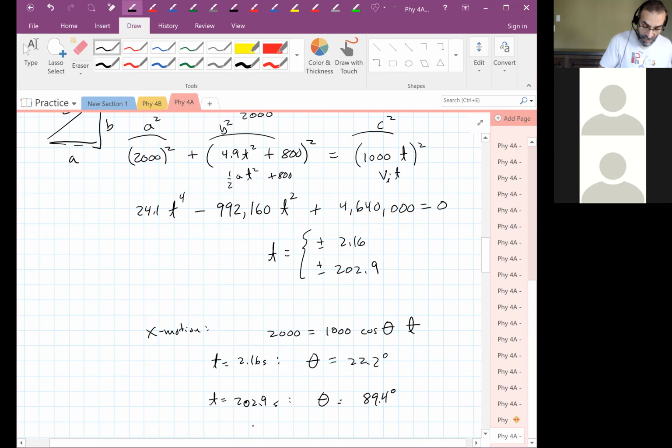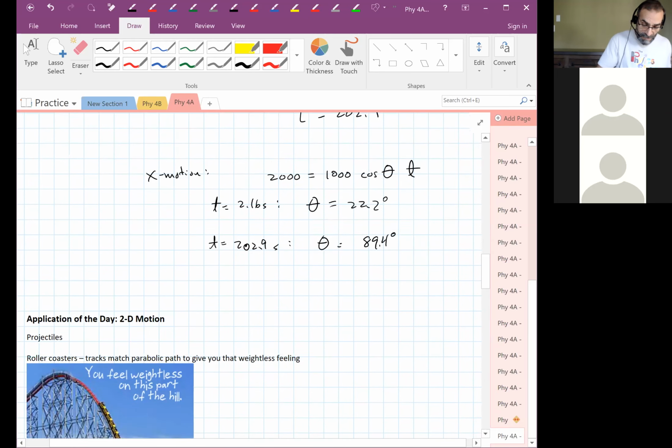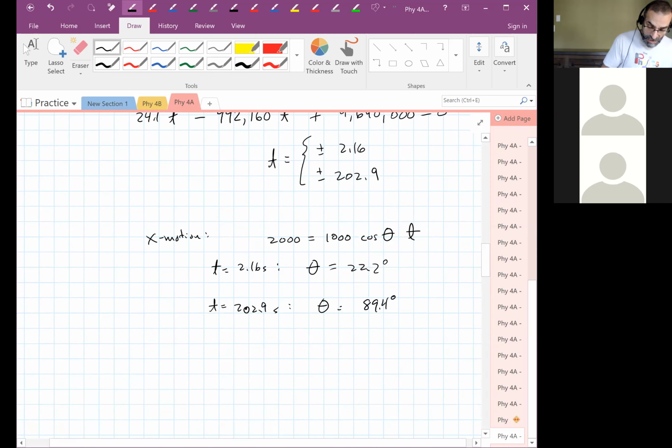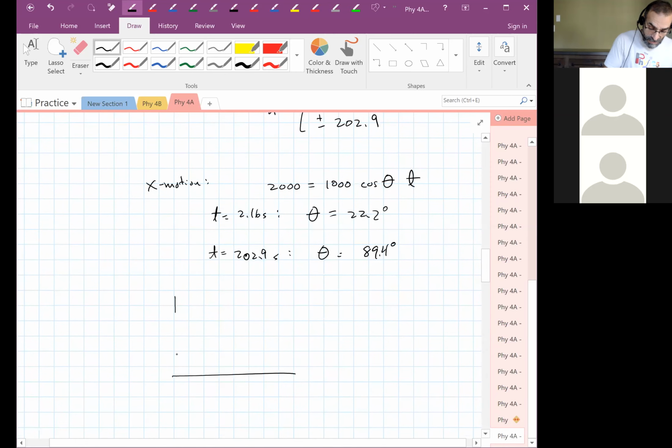You have to check either one, because remember with projectile motion, there's probably a graph in the book that shows that to get a certain range, if you launch a projectile and it ends up here, you could also launch it this way with the same speed and it gets to the same place. There are two different angles you can pick that will have it land in the same place with the same initial speed.